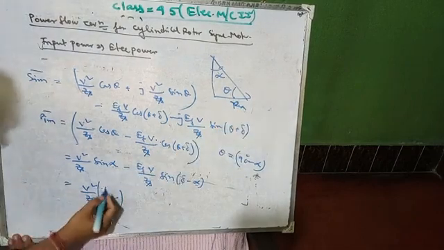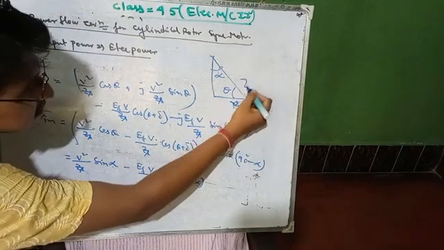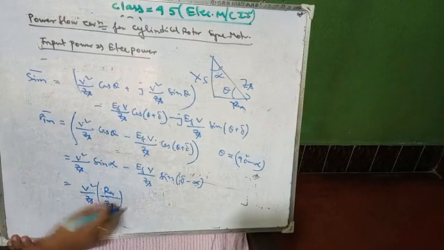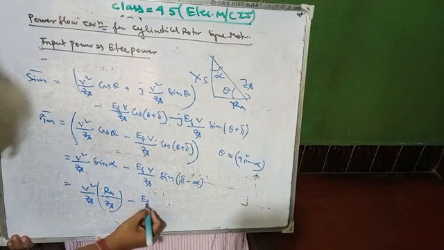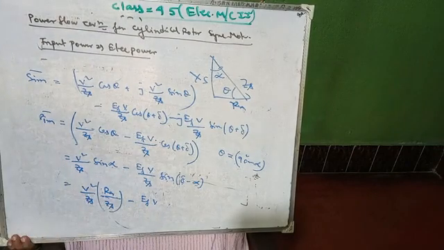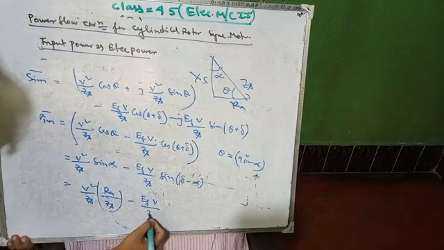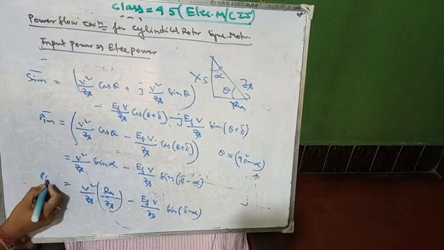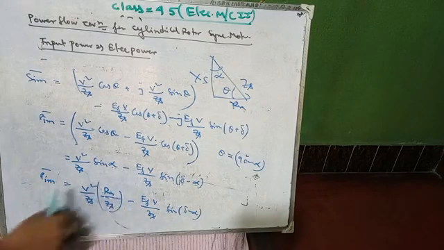We take it as capital RA, and this is ZS and this is XS. So from this triangle you get V square RA by ZS squared minus EF V by ZS sine of del minus alpha. This is your PIM, the active part of the input complex power.